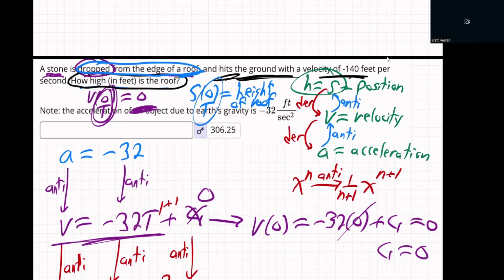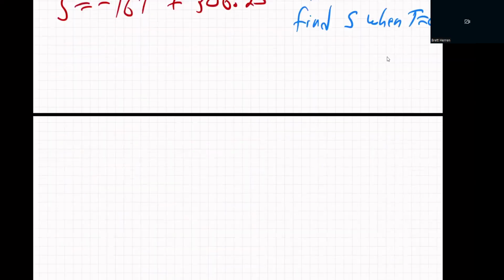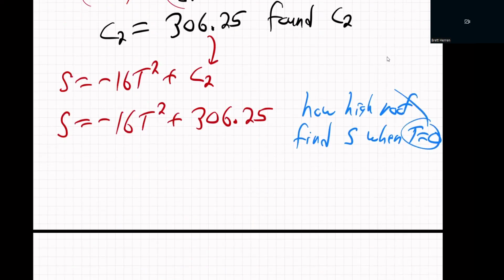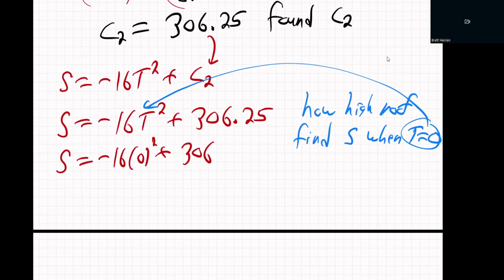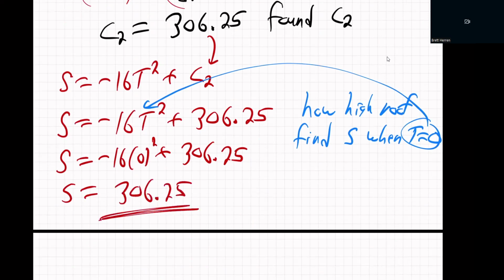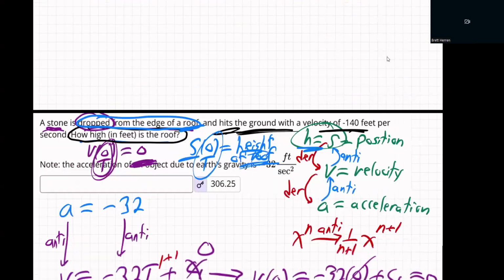So right at that instant, the position, which is the height, was the height of the whole roof. So just take t equals 0 and plug it in. That's pretty easy math. Minus 16 times 0 squared plus 306.25. So clearly S is 306.25. That's the height of the roof: 306.25 feet. There we go.